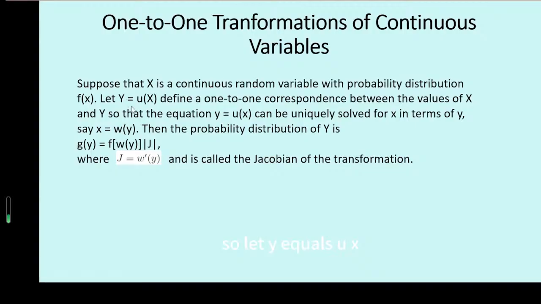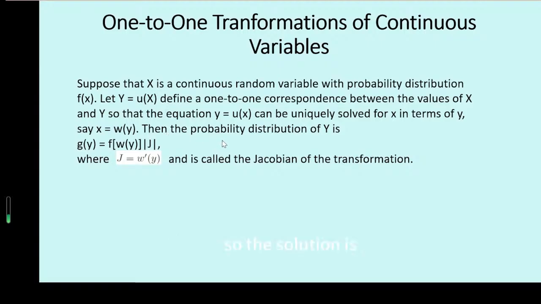So let y equals u(x), which is a one-to-one correspondence between the values of x and y, so that the equation y equals u(x) can be uniquely solved for x in terms of y. So x equals w(y) is the inverse function of x in terms of y. So we want to find the probability distribution of y from the given distribution of x.